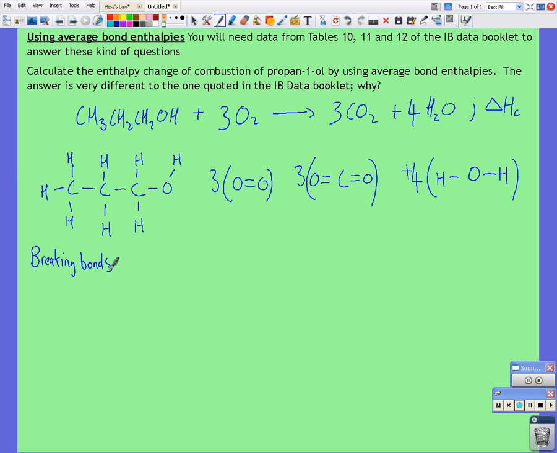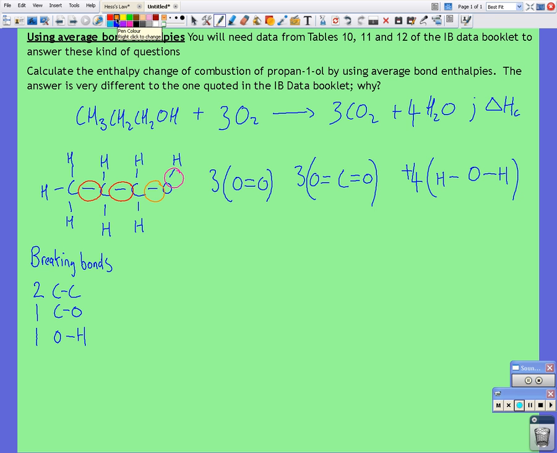I've got carbon-carbon bonds to break, but I've just got 2 carbon-carbon bonds to break. Even though there are 3 carbons, there's just 2 carbon-carbon bonds. There's a carbon-oxygen bond, so 1 carbon-oxygen bond. Got an oxygen-hydrogen bond, 1 oxygen-hydrogen bond.